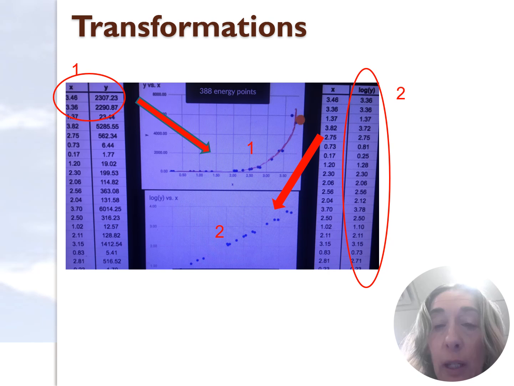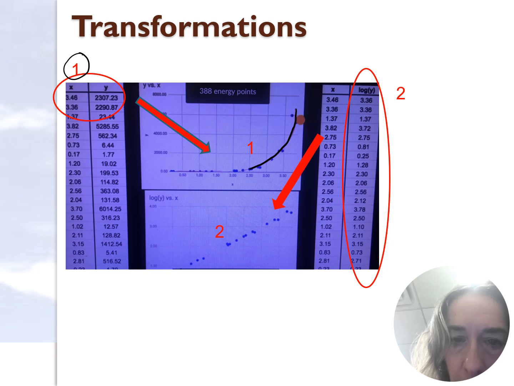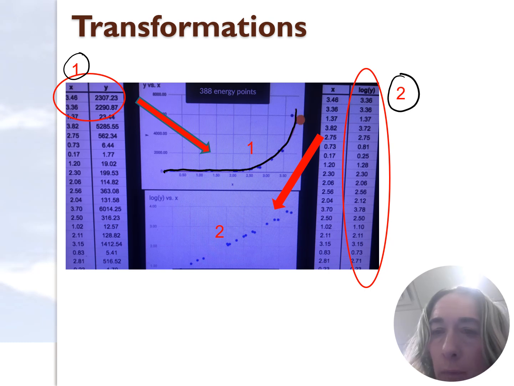Okay, so let's look at an example here. On the left, we've got some XY data that I have labeled with 1. And if I were to graph that XY data, it would appear as such. As you can see, it does not have a linear relationship. X and Y are not linearly related. It's a curved relationship. Now look at the data on the right.